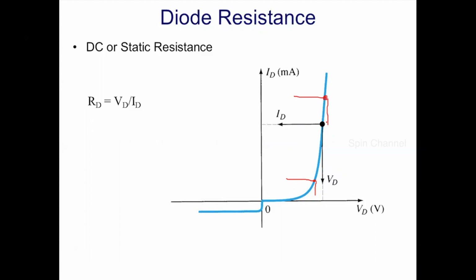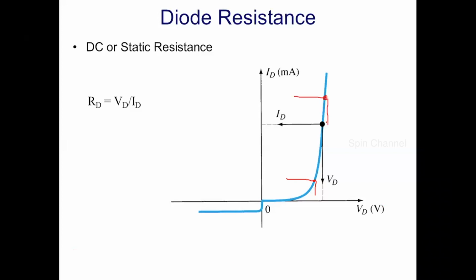So there are applications where the diode is used with AC signals. When a small AC signal is superimposed on DC quantities, the operating point of the diode varies. So R also varies, which practically should not be the case. So the DC or static resistance is not a suitable parameter to define the diode resistance, as the diode is a non-linear device.